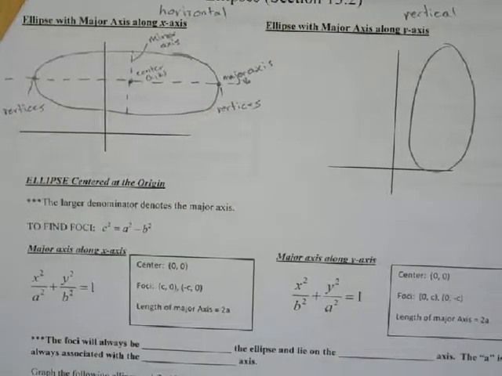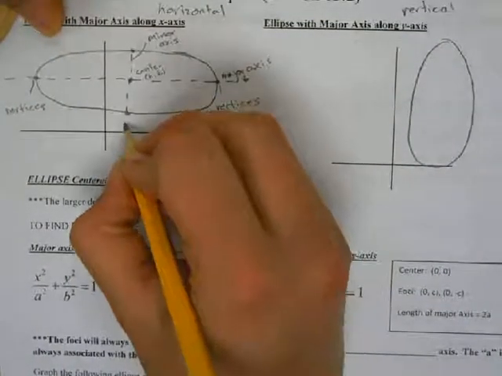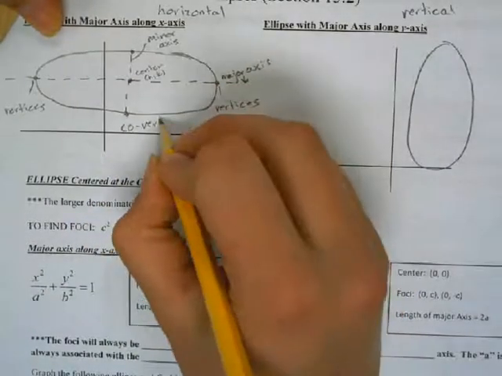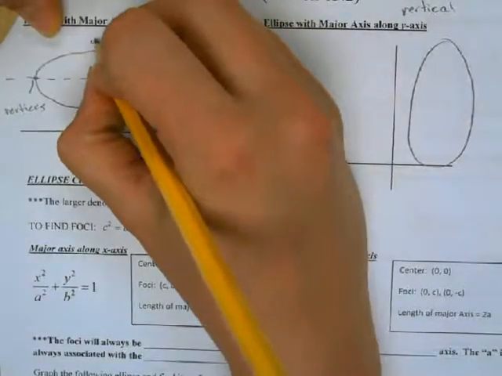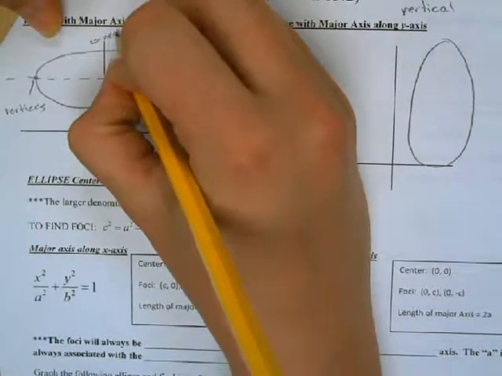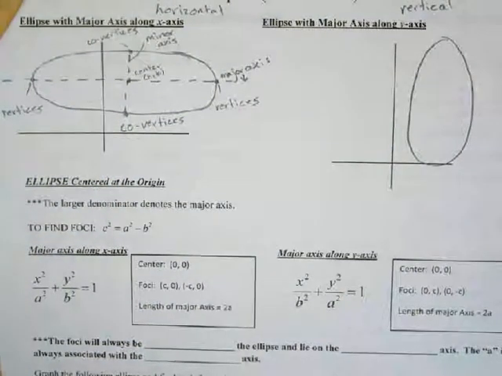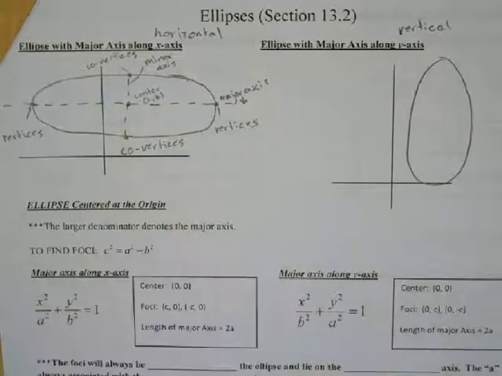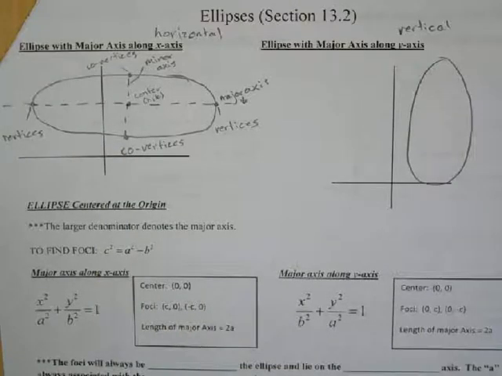At the end of your minor axis, you have your co-vertices. Here and here are the co-vertices. They're at the end of your minor axis. So those are your points.